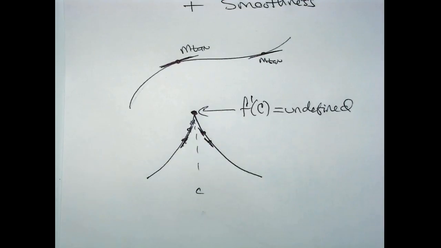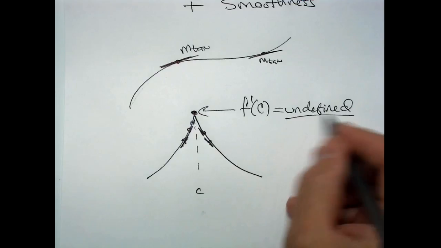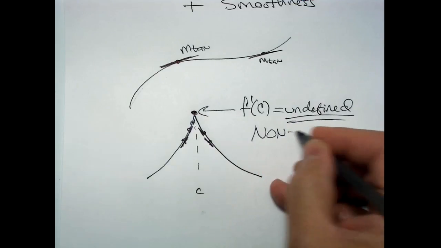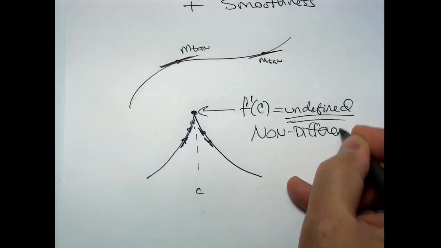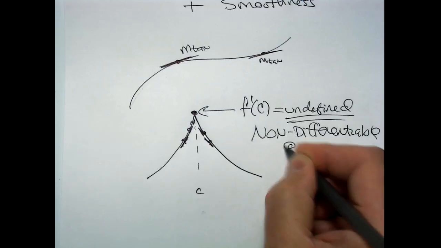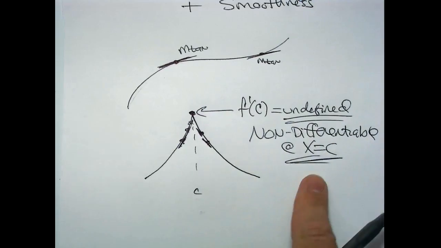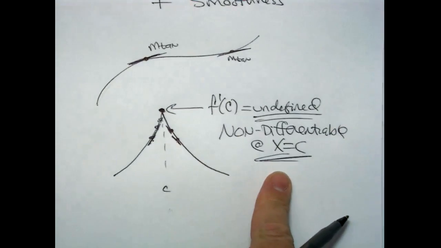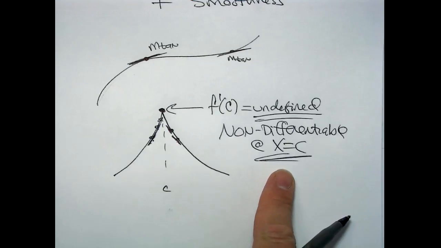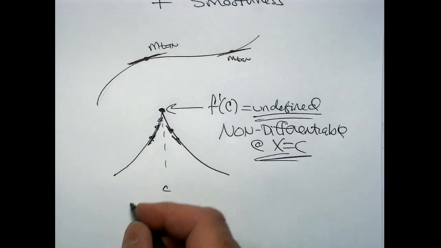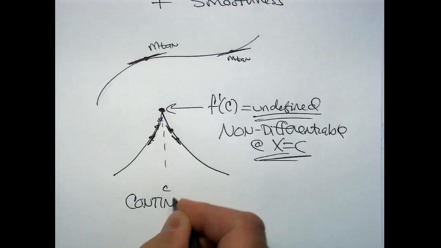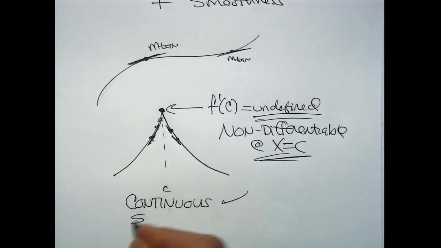We're not going to get a match up there. So as we approach from one side or the other, we're in disagreement. So it's undefined, meaning it's non-differentiable at x equals c. Therefore, we cannot say that this function is both continuous and smooth. It is continuous, though, but it's not smooth.